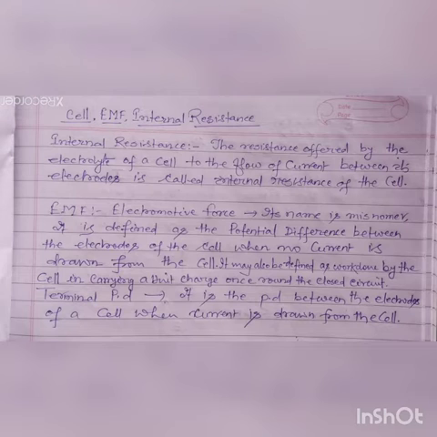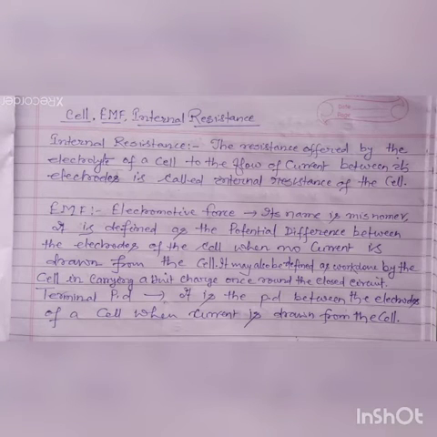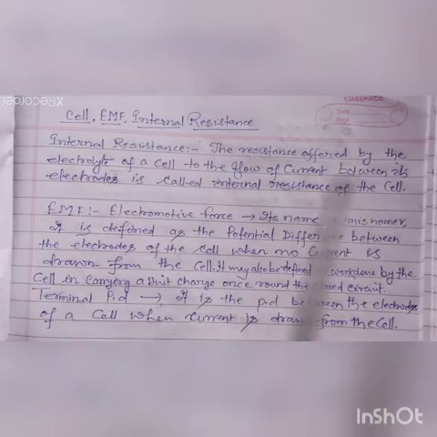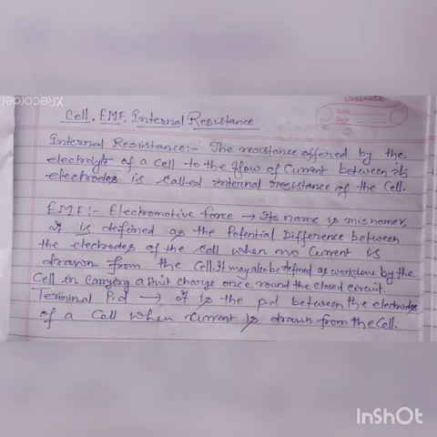Now let us come to the topic cell EMF and internal resistance and their relationship. Internal resistance: in a battery, there is an electrolyte and electrodes are dipped in this electrolyte. So when current flows, the electrolyte offers resistance to the flow of current.